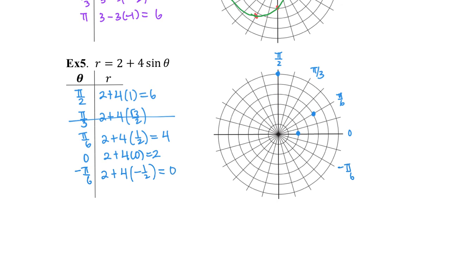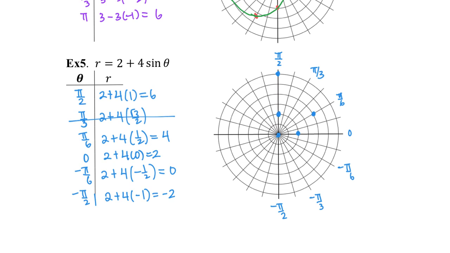So 2 minus 2 is 0. Okay, let's see. Negative pi over 3, I'm going to skip because of that root 3 over 2 stuff, but let me go to negative pi over 2. The sine is negative 1, so I'm going to get negative 2. So along the theta equals negative pi over 2 line, I want to go negative 2 units, which means I'm going to go back 2 units.